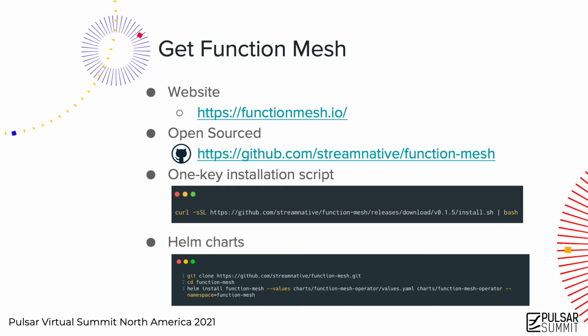Also, we have provided Helm charts to install Function Mesh to any existing Kubernetes cluster. Currently, it's not published to the chart repo, so you may have to clone Function Mesh first and install it with Helm.